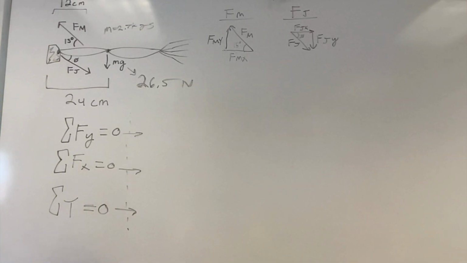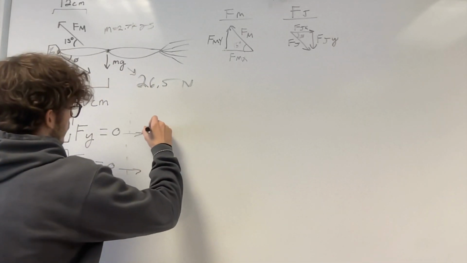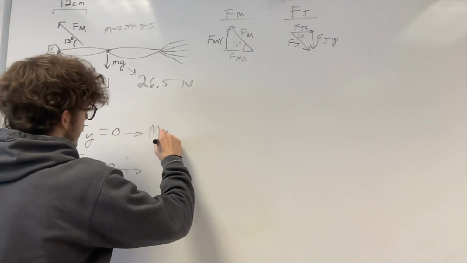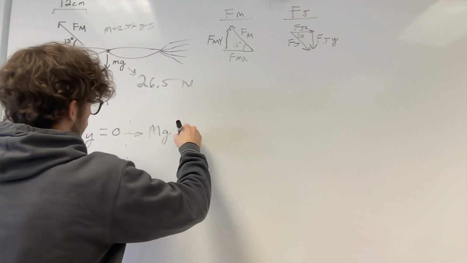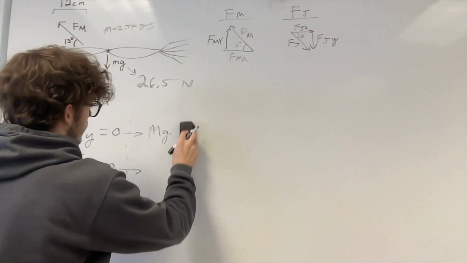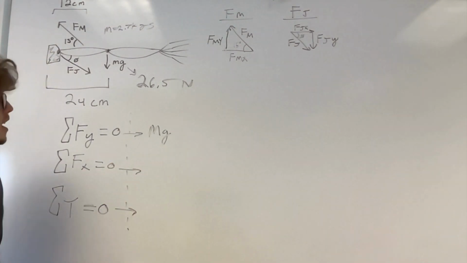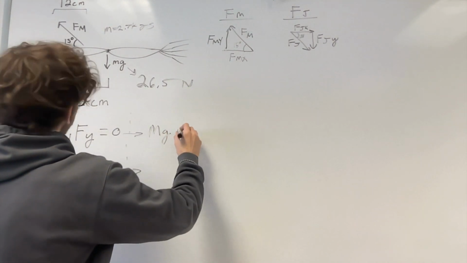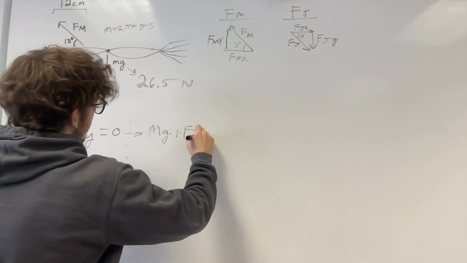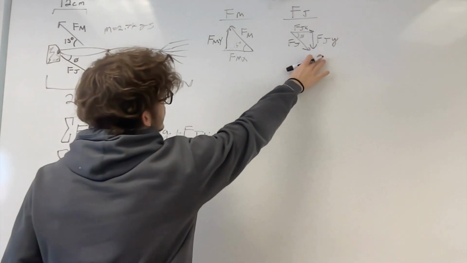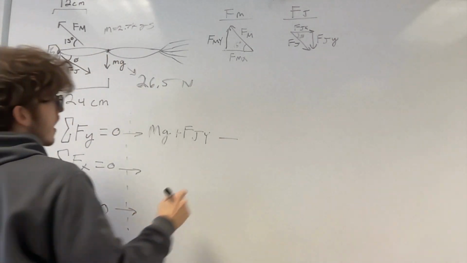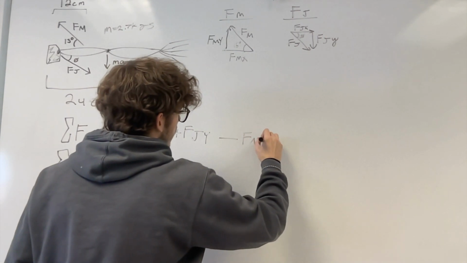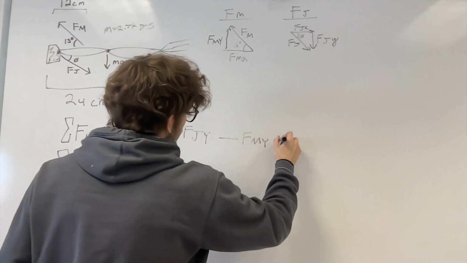So we're going to say that mg, mass times gravity, plus the y component of our j vector over here, minus Fm of y, is all equal to 0.